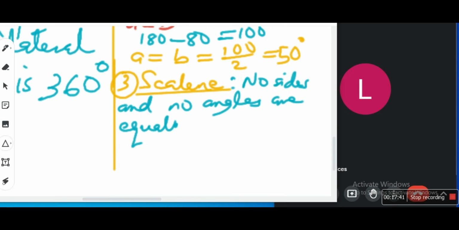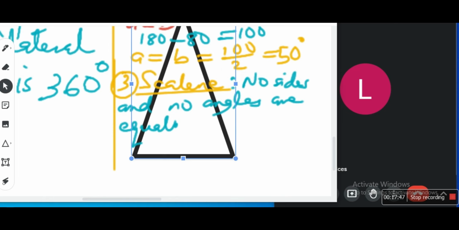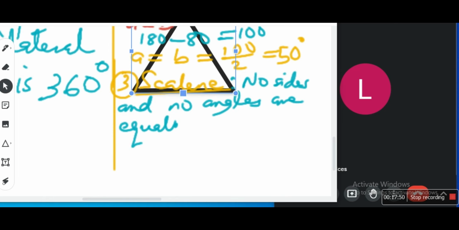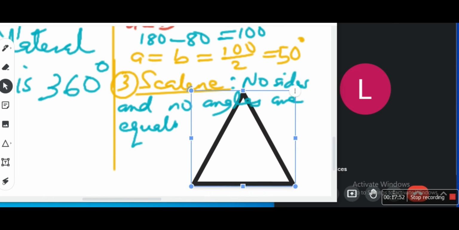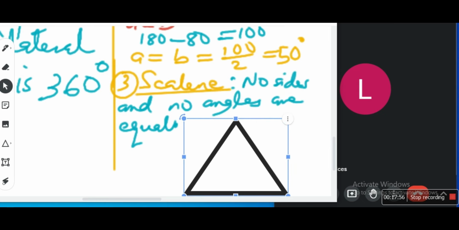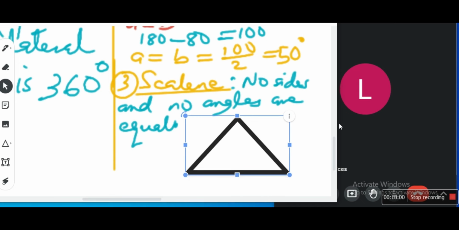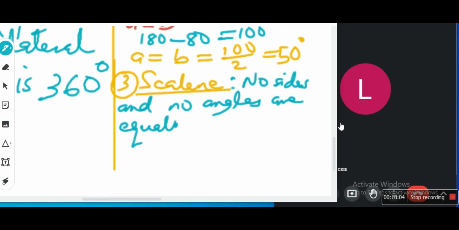You know, if I could sketch it, I would have used something like this. All the sides are not equal, but I think this doesn't give a good representation. Let me put up a sketch instead.